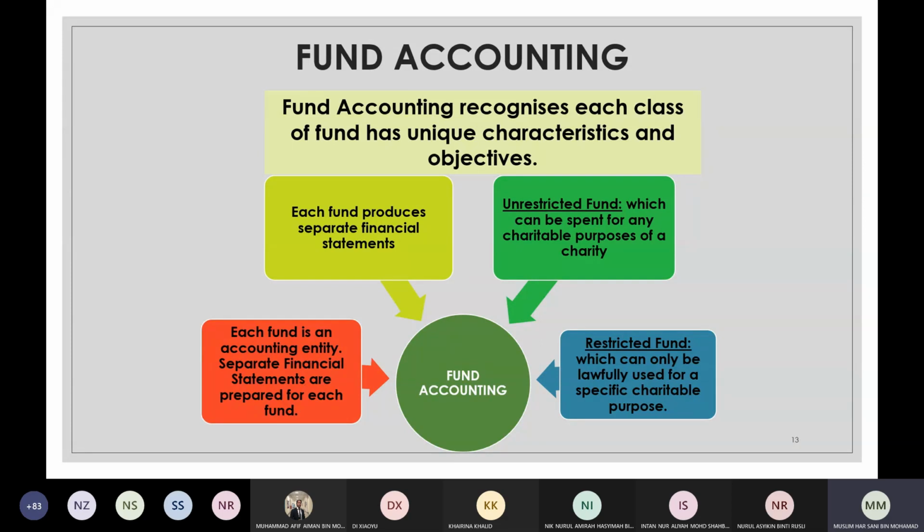If you look at the allocations by the government, it is kind of a restricted fund, very specific for a certain agency. We also discussed two types of budget: the operating budget and the development budget. So there are also restrictions in the use of funds. You can expect that the budget for operating cannot be used for development, and the budget for development shouldn't be used for operational activities.